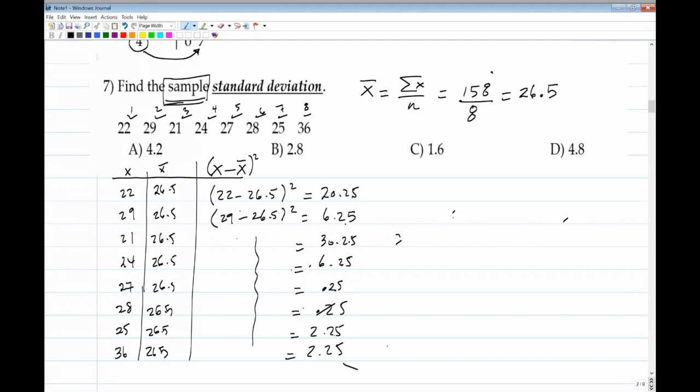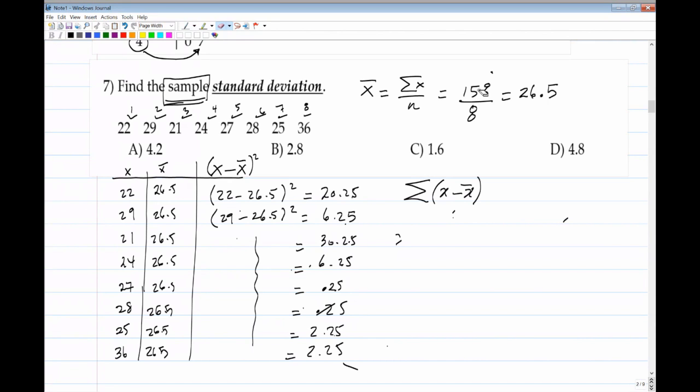But then when you do the sum of this data, the sum of the last column, the sum of x minus the mean squared, when you add them all up, by the way, I think I found the mistake.